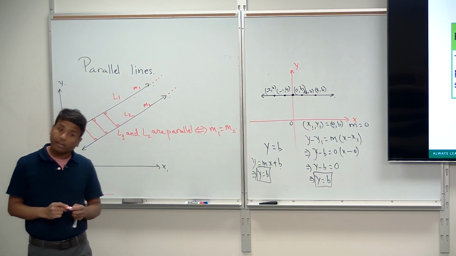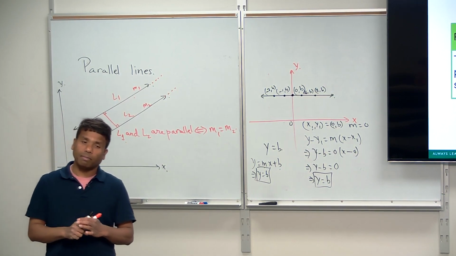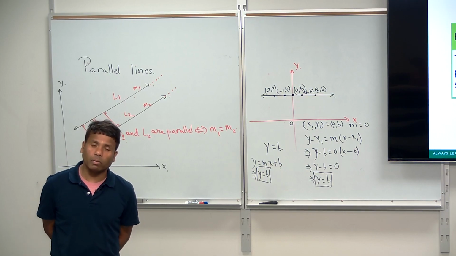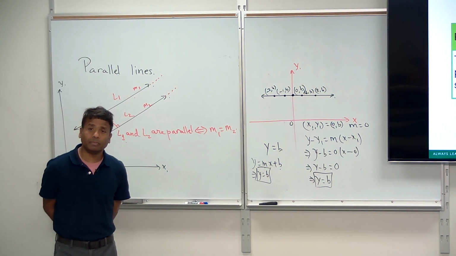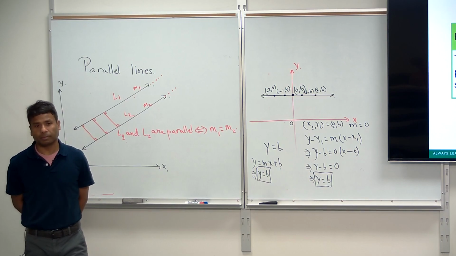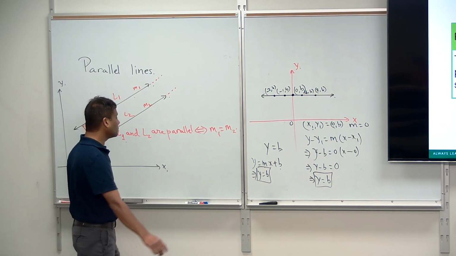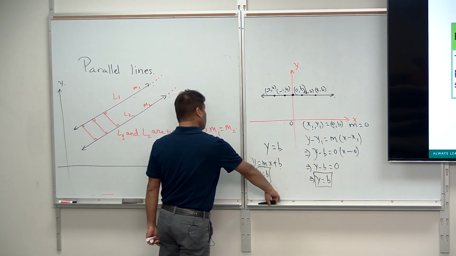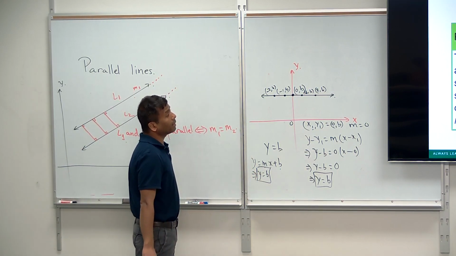Keep in mind, okay? Two lines are parallel if and only if they have the same slopes. Got it? Good.